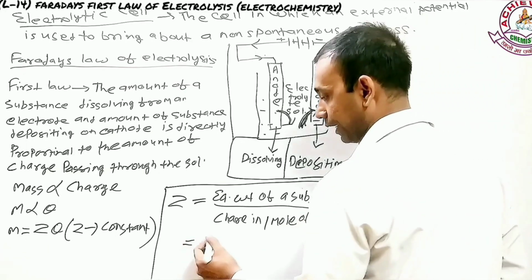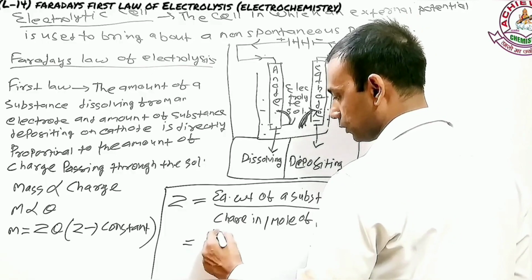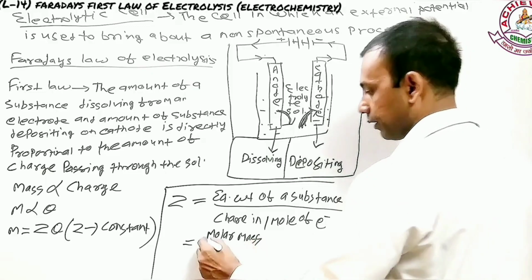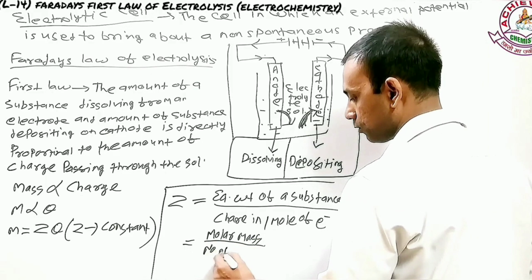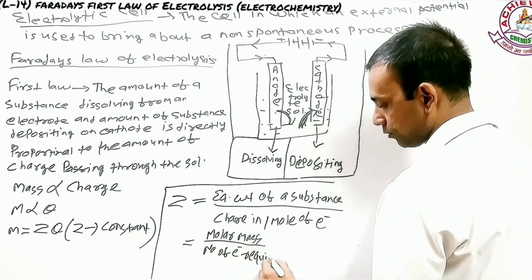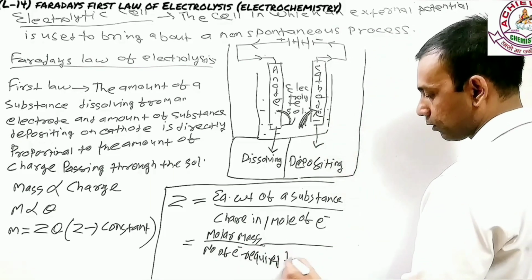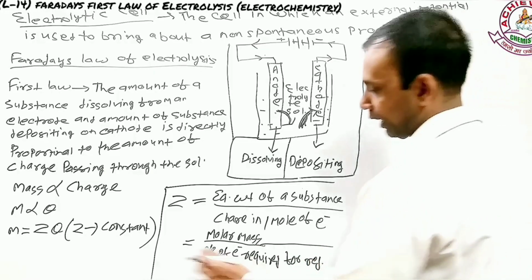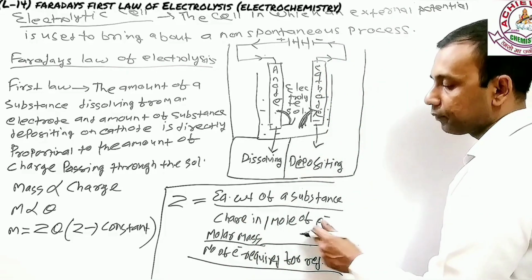If you try to expand it, equivalent weight, you do know that is equal to the molar mass divided by the number of electrons required for reduction, and then there is again here divided by the charge of 1 mole of electron.